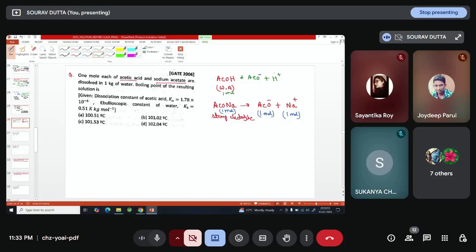But in this case, for your simplification, as it is a weak electrolyte, we can ignore that dissociation because it is very less. So it is not exactly 1 mole, it is some small quantity lesser than 1 mole, but here we take most of the acetic acid present in the solution as acetic acid, so its mole number is 1 mole.